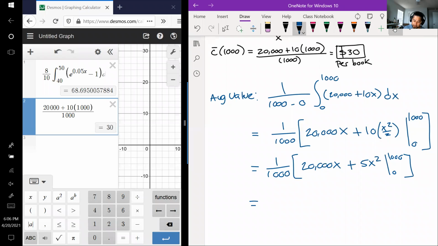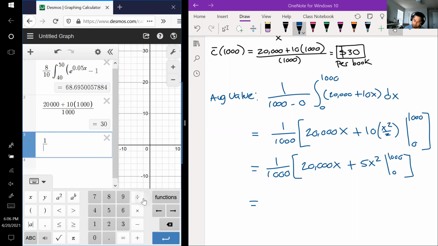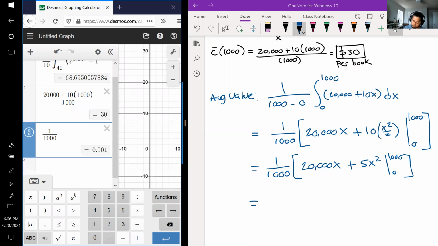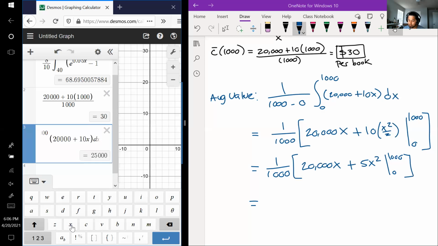And now the calculator. So here we go: 1 over 1,000 times the integral from 0 to 1,000 of 20,000 plus 10x dx.